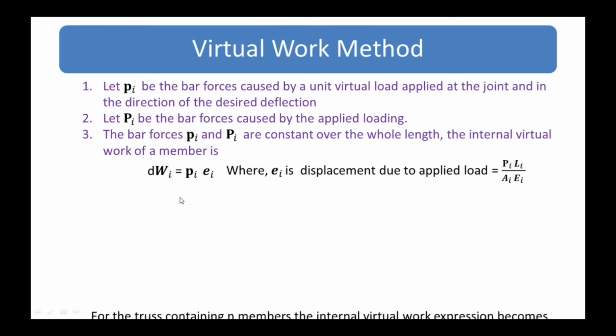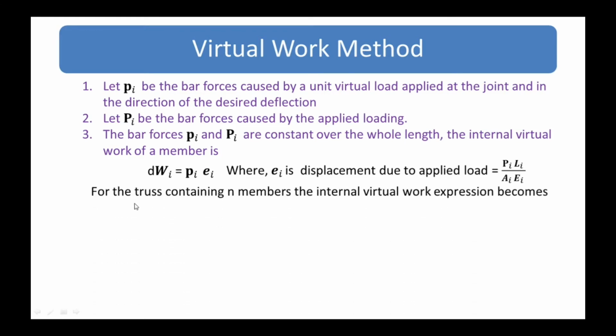So for the truss containing n members, the internal virtual work is expressed as follows. Now this is for the individual member. If we want to calculate the total internal virtual work for all the members, then Wi is equal to the summation of small pi into capital Pi into L divided by AE.